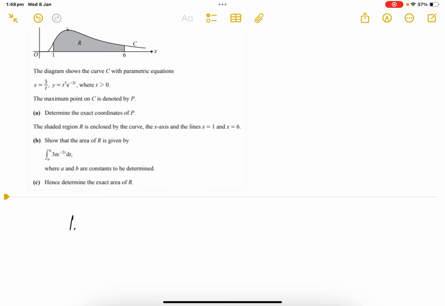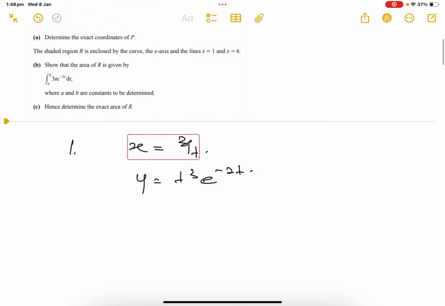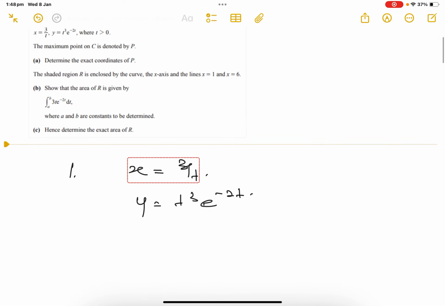Parametric equations: x equals 3 over t, y equals t cubed e to the power minus 2t. So this parametric equation is given.